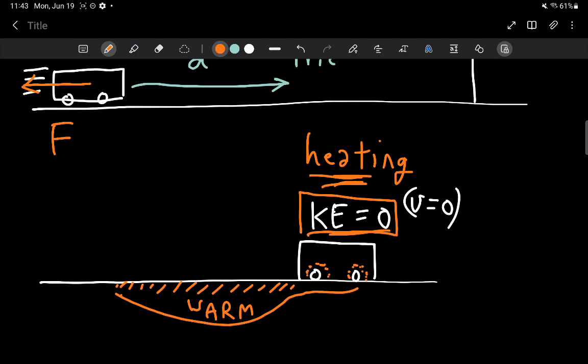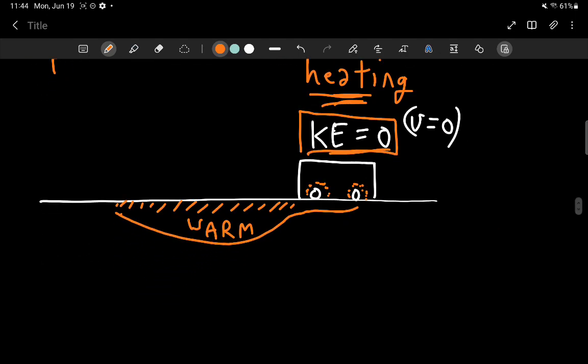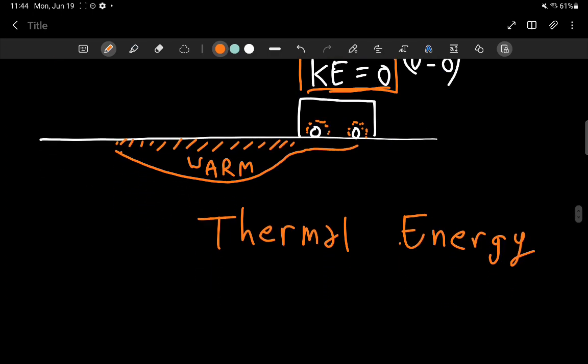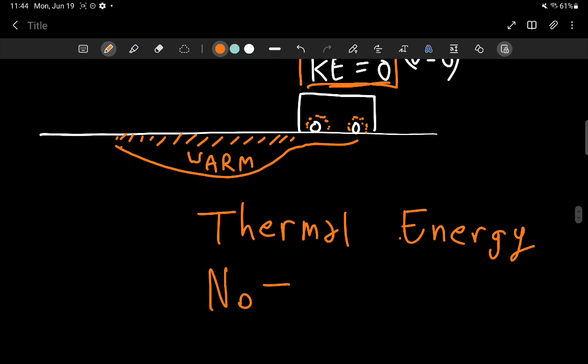But the thing is you have not stored mechanical energy that way. What you've done is you've stored up what's referred to as thermal energy. And thermal energy is not mechanical energy. So this is not potential energy, right? Because I can't get it back as the car being in motion again with kinetic energy.